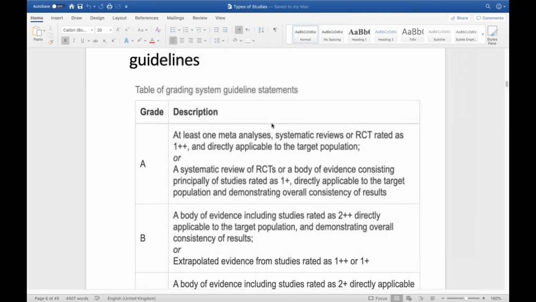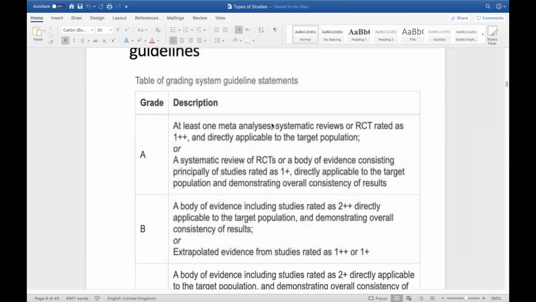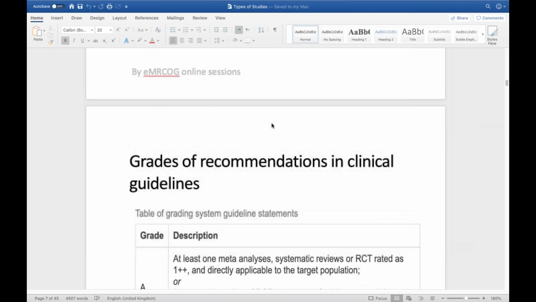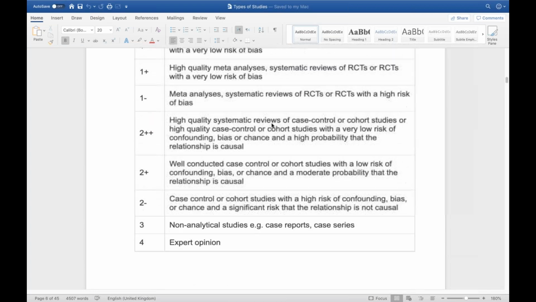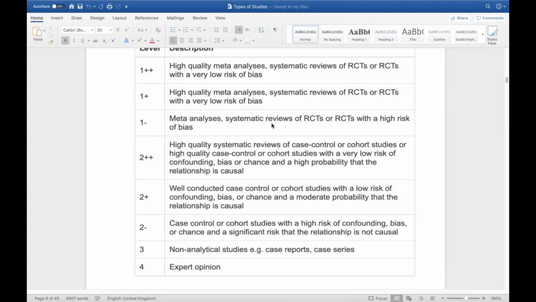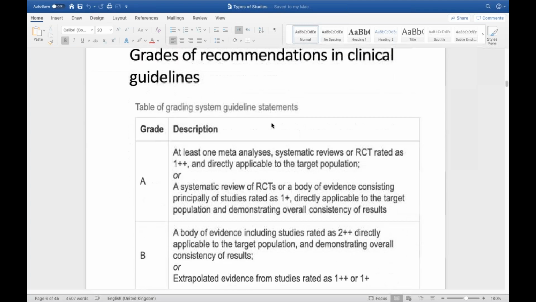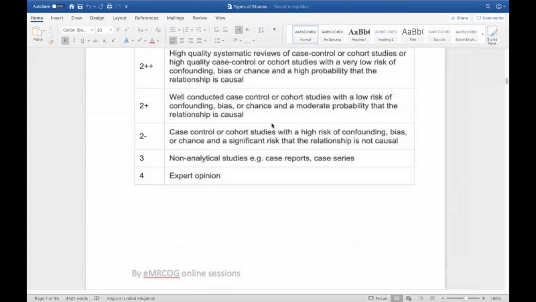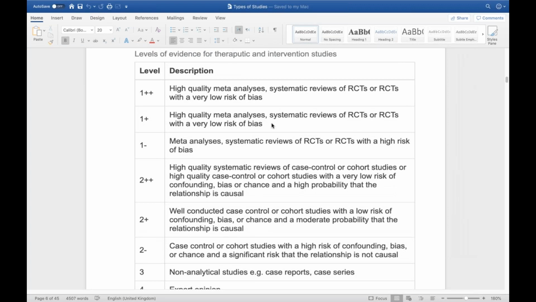If you are going to do guidelines or something, you have to decide the specific way you use to classify your evidence. In this document, you just have 2 ways, but there are a lot, okay?